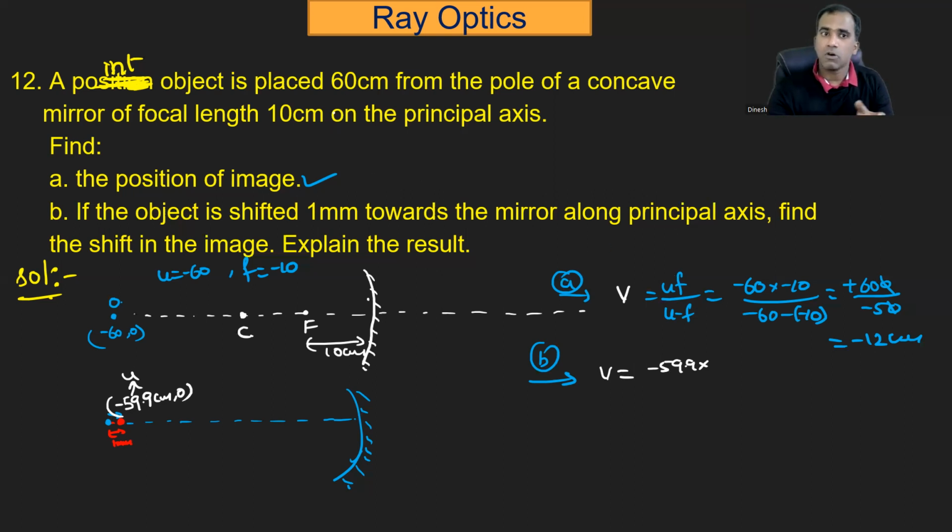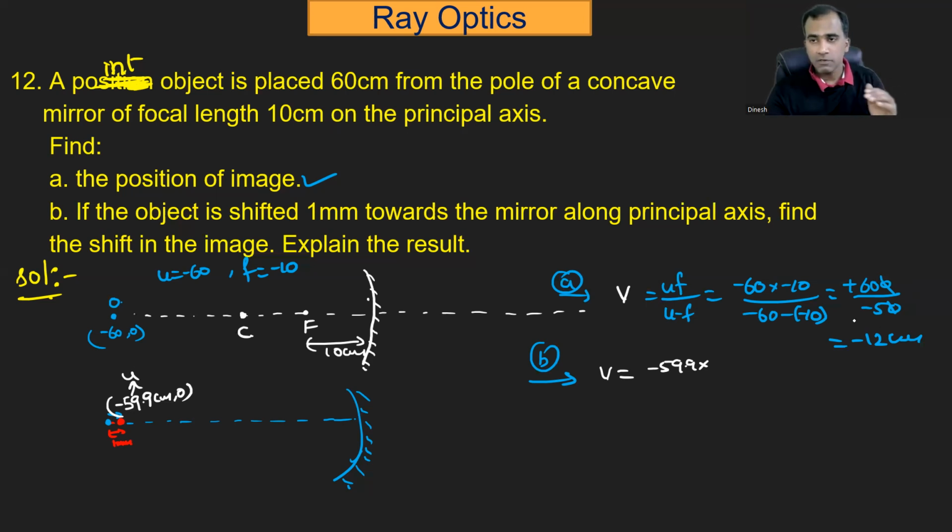The numerator unit is centimeter square and the denominator is centimeter, so the resultant unit will be centimeter.